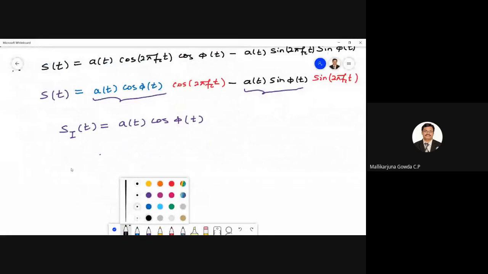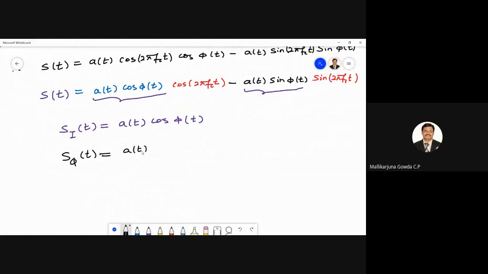And Sq of t will be equal to A of t into sine of phi of t.